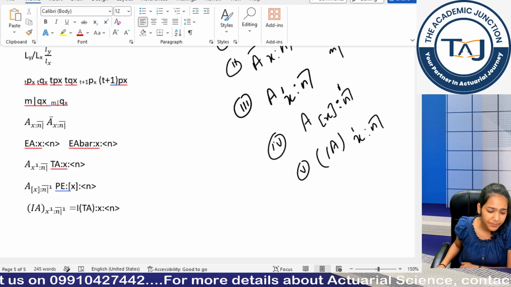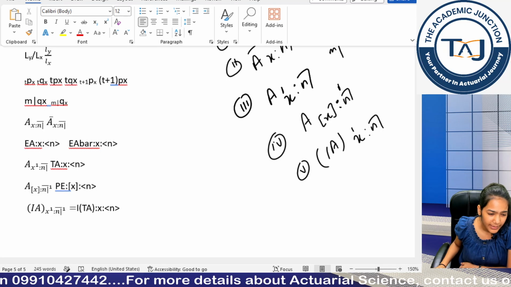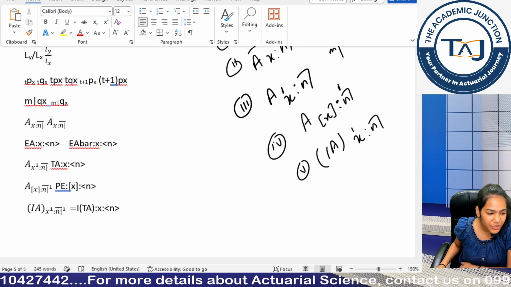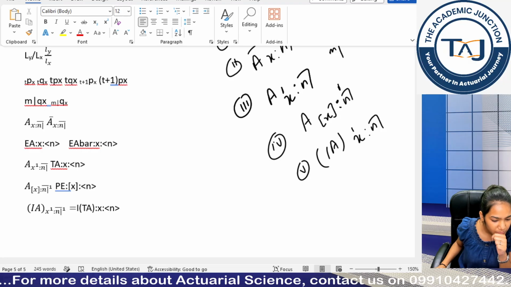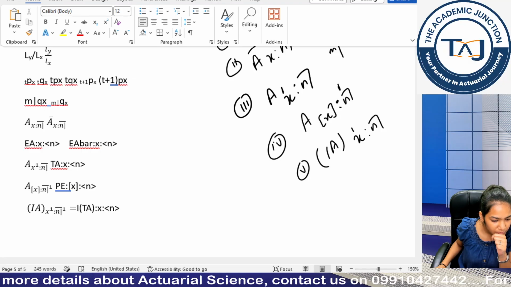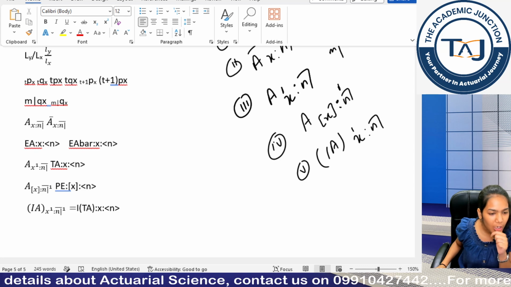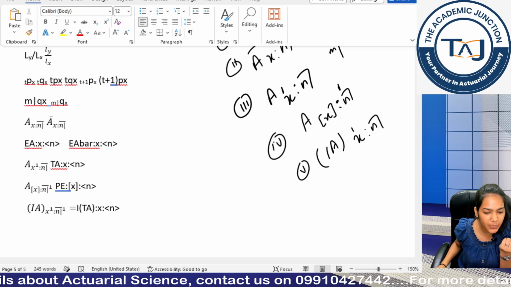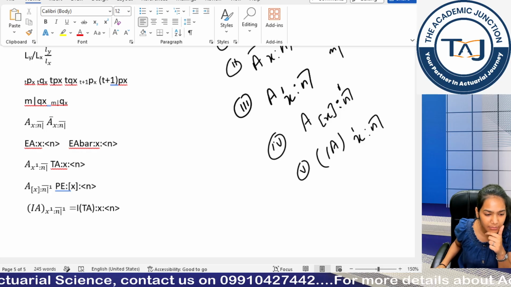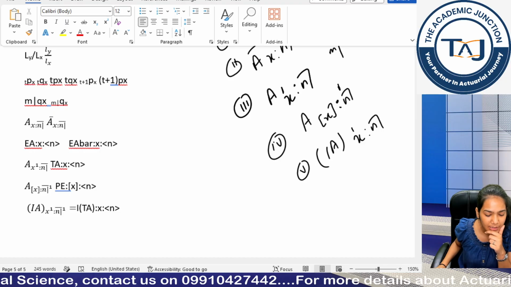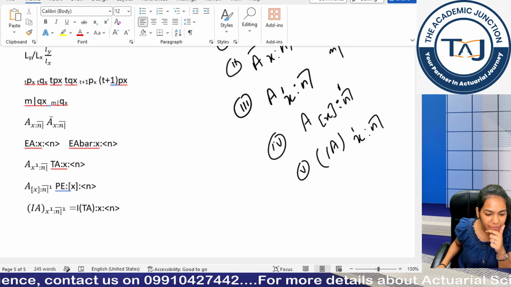Any particular notation from life assurance contract that you want me to do? Or life tables as well. If I have missed any notation from my life tables, quickly give me in the chat room.